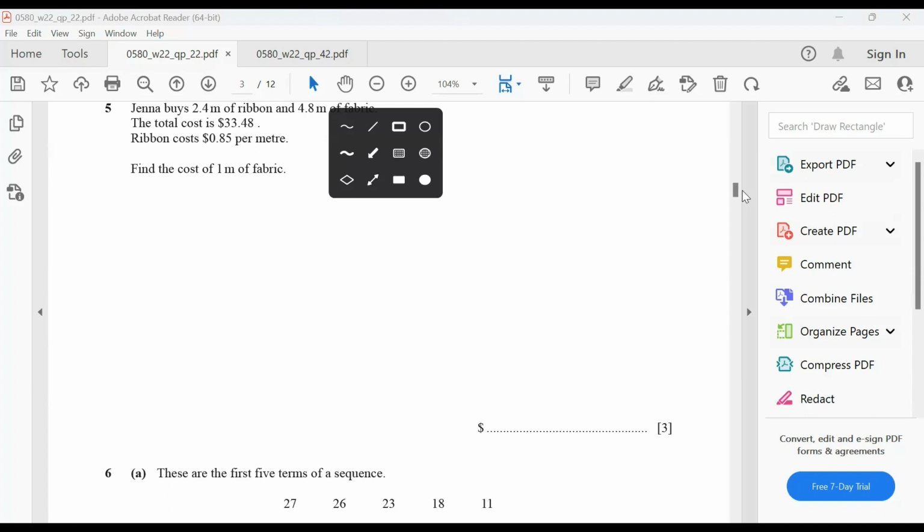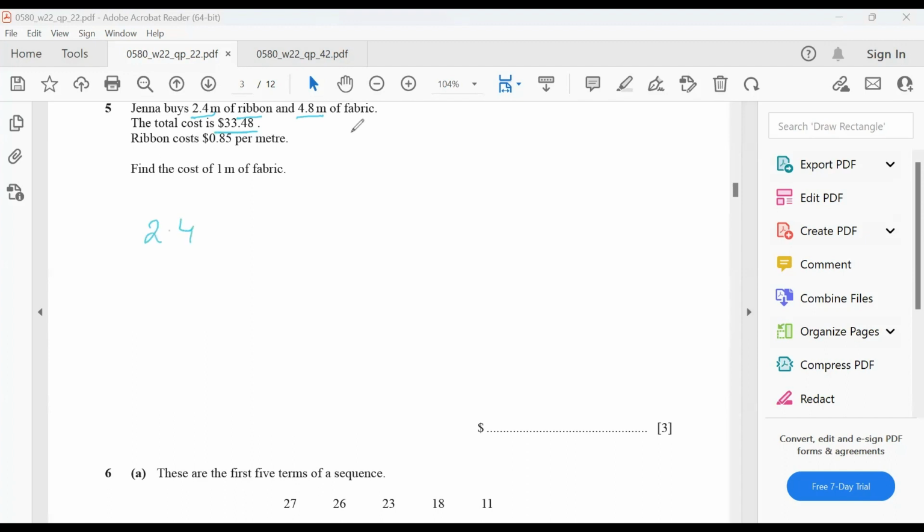To question 5. So we know that Jenna buys 2.4 meters of ribbon and 4.8 meters of fabric. And the total cost is equal to this. So that means x amount times 2.4 plus y amount times 4.8 will give you 33.48.